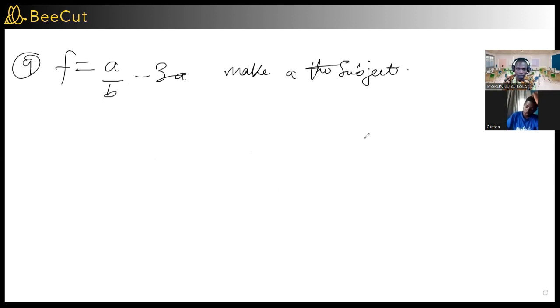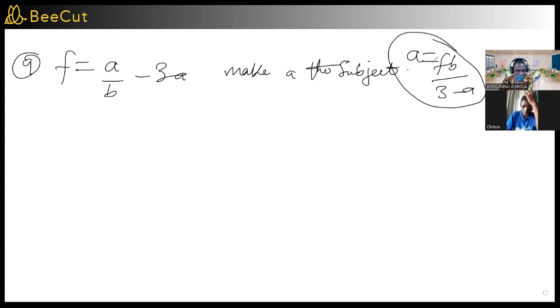So I got A equals FB minus 3 minus A. Let me see. Okay, you got A equal to FB over 3 minus A. Now, one thing you should take note of is when you are finding something as a subject, that thing must not exist in your answer again.